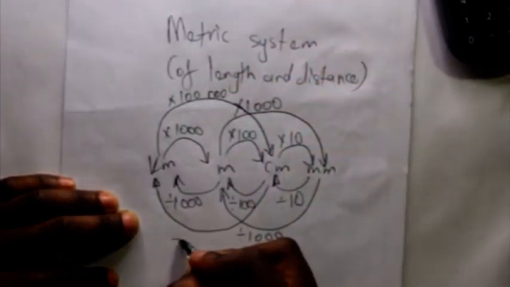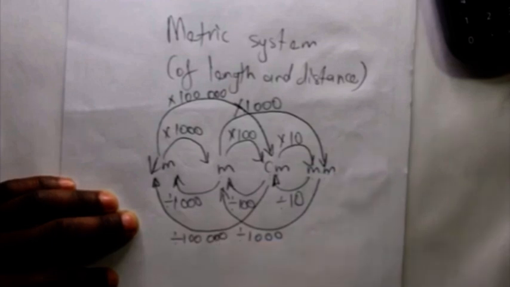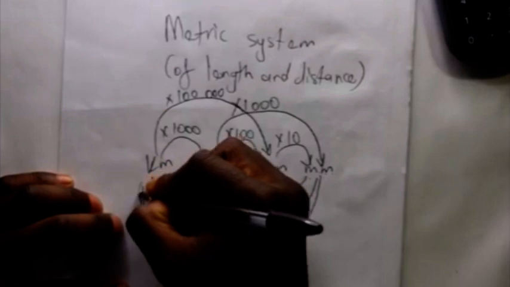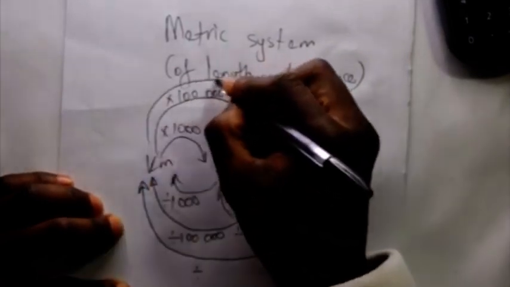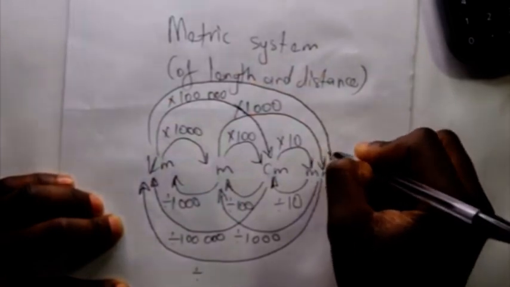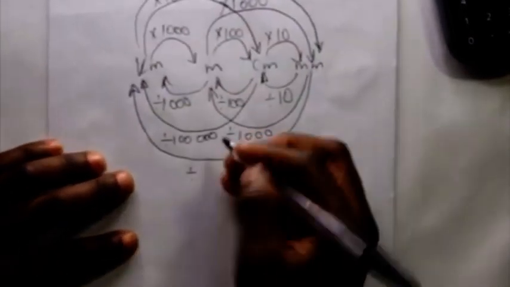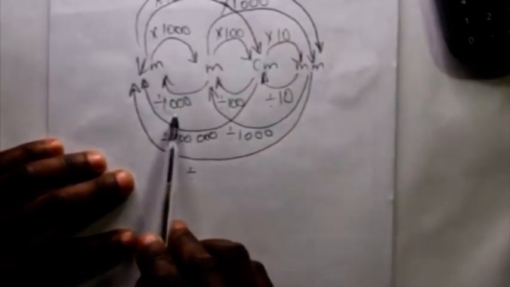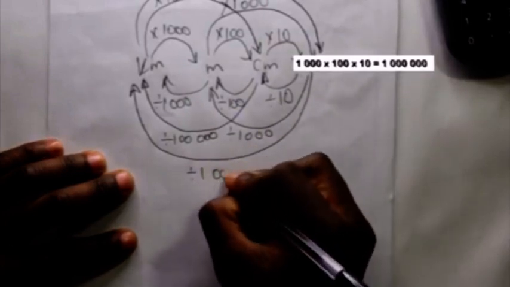On this side, we divide by 100,000. Then from millimeters straight to kilometers, we divide on this side. From kilometers straight to millimeters, you multiply. On a calculator you say 1,000 times 100 times 10 to give you 1 million.